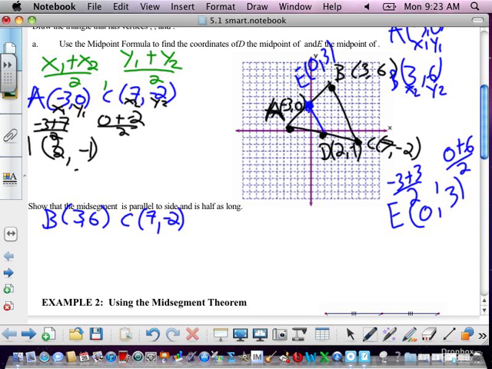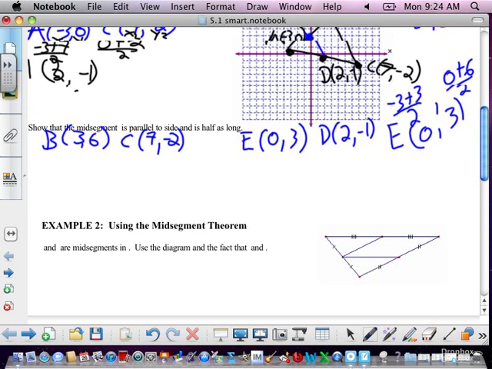And then we're going to find the slope for E to D, which is 0, 3. So this is E to D. Okay, so finding the slope first.